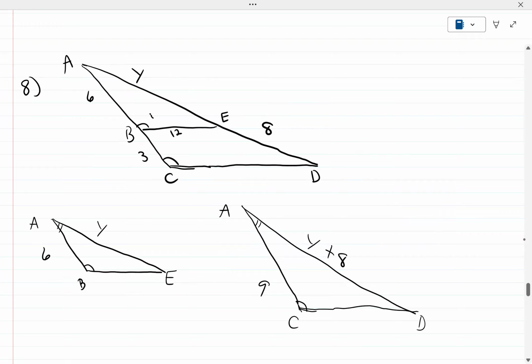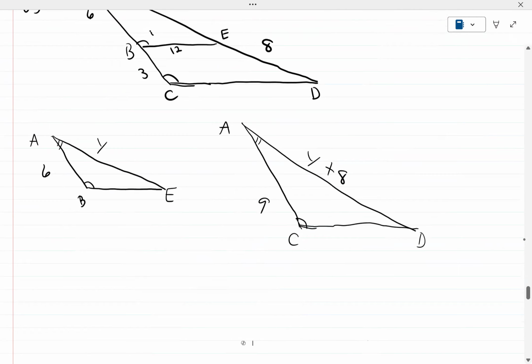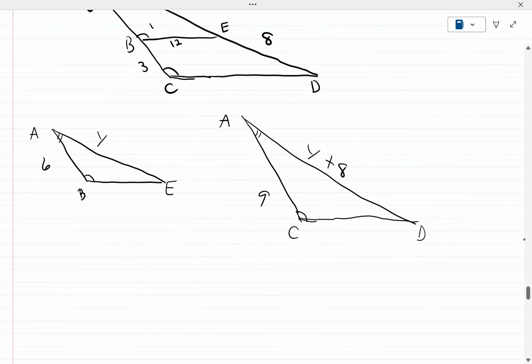And let's see, it's going to be 6/9 equals to 12.